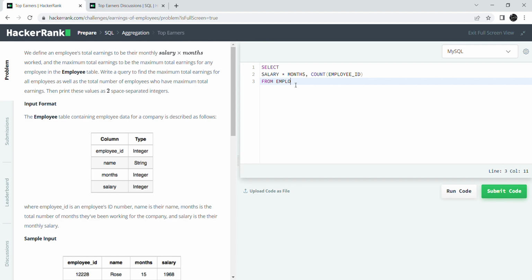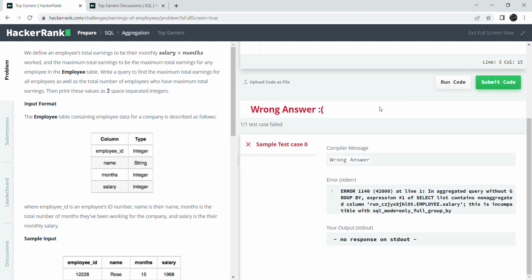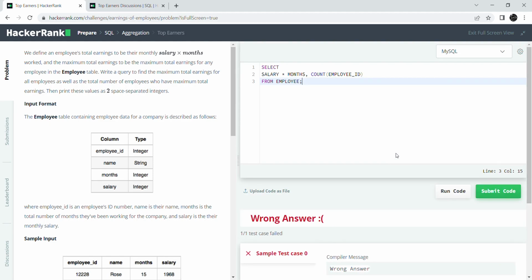Let's first run this code and figure out exactly where we are lacking. This is not the correct solution, let me tell you. If we run this code, you will see we are thrown an error. If you remember, previously when doing aggregate functions, we were just extracting values, but here we are doing a normal arithmetic calculation along with an aggregate function.